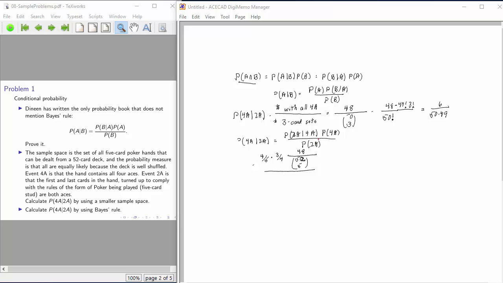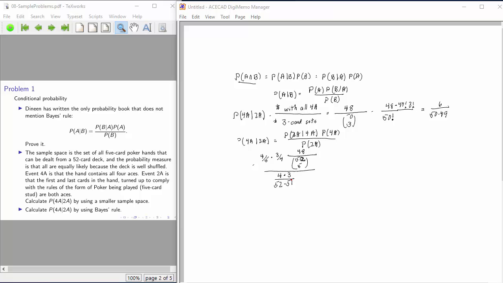What do I mean by the probability of two aces? I mean the probability that the two cards that my opponent exposes are both aces. There are 12 ways that can happen. 4 choices for the suit of the first ace exposed, 3 for the suit of the second one, and there are 52 times 51 ways of choosing a pair of 2 cards from the deck.